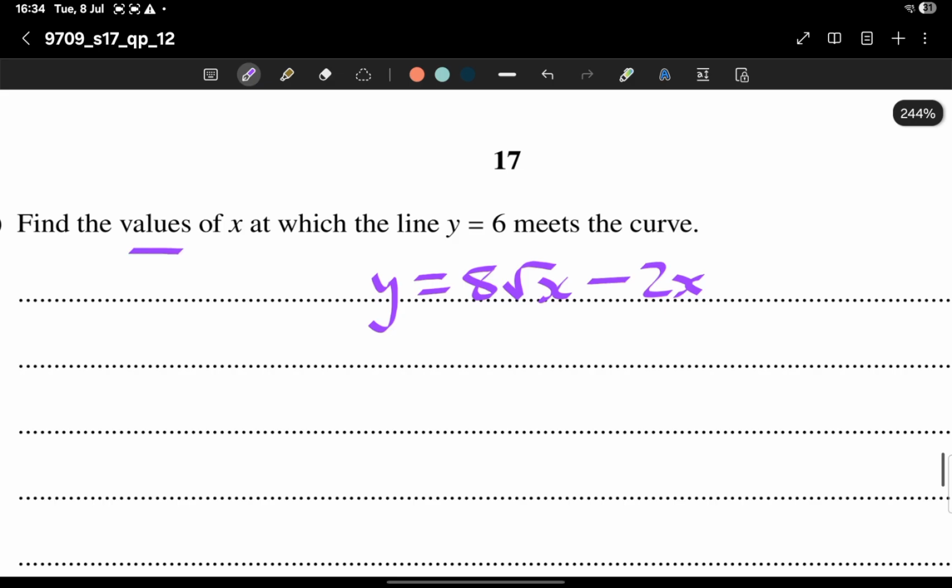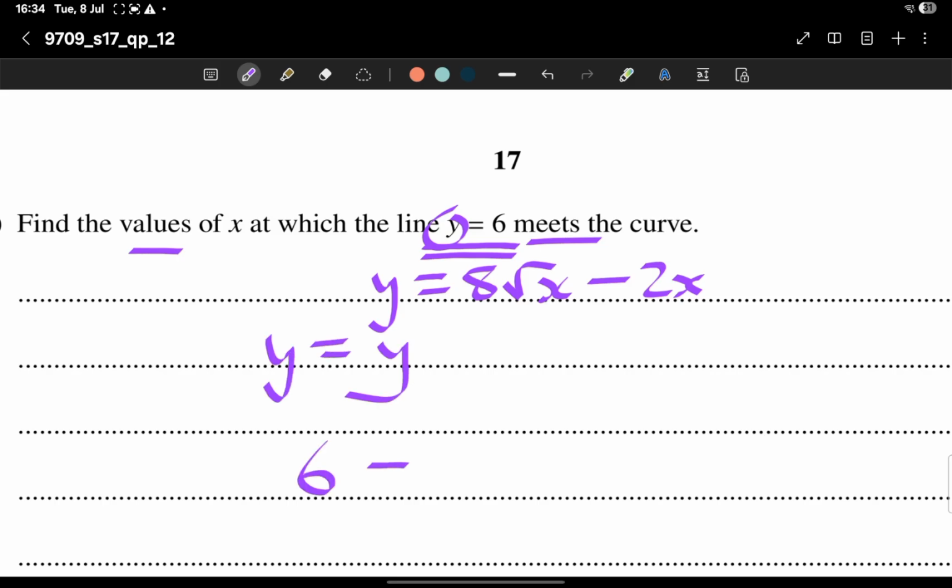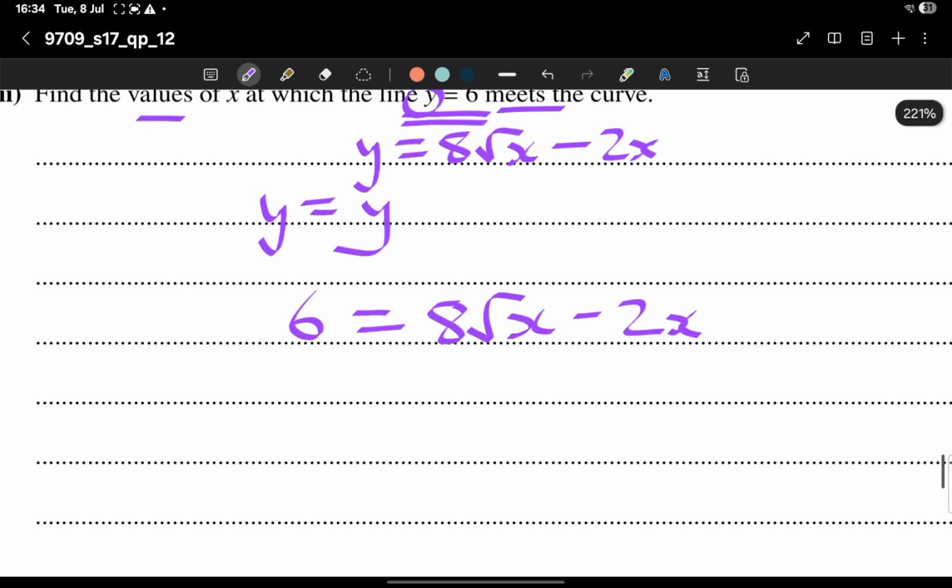We know where the line and the curve meet, y and y are equal. So we'll be saying 6 equals 8 root x minus 2x, like that. So taking everything to the left hand side, we'll get 2x minus 8 root x plus 6 is equal to 0, like that.